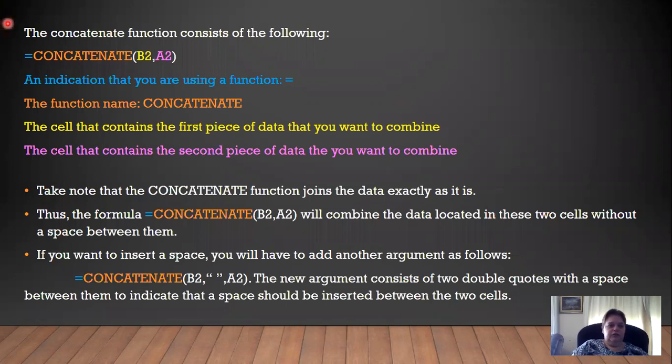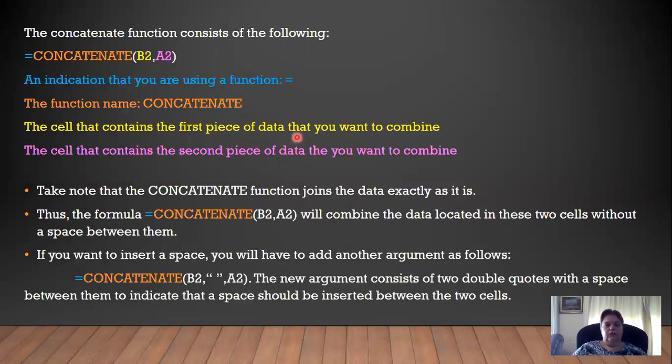Okay, so I'm just going to recap there. The equals indicates that I am working with a function. The next part, after the equals, is the actual function name, concatenate. Then the first part inside your parenthesis is the cell that contains the first piece of data that you want to combine.